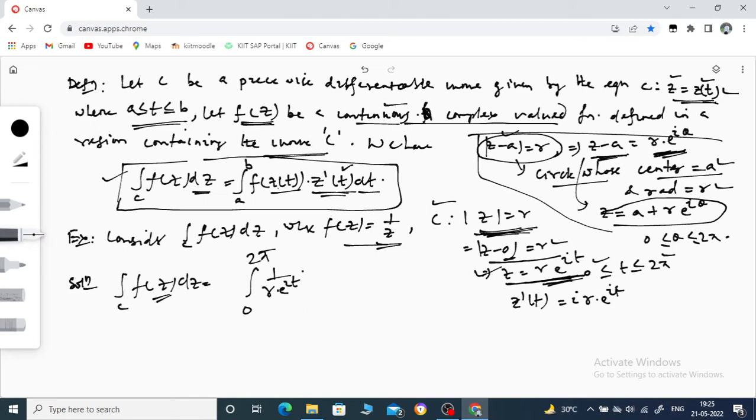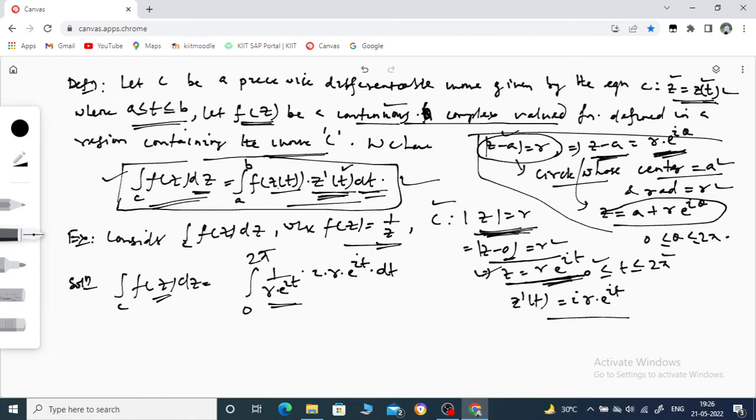Then what is your z dash t? Because integration over c f of z dz is this one; this is a formula you have to remember. So f of z of t is this one, and z dash t, as evaluated here, is i r e to the power it, into dt.